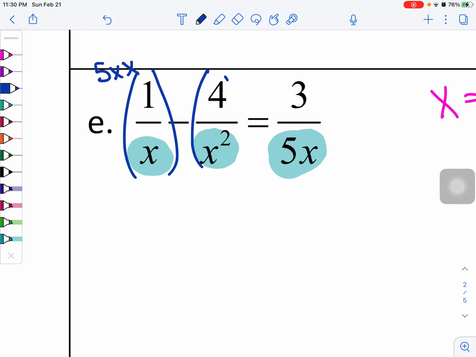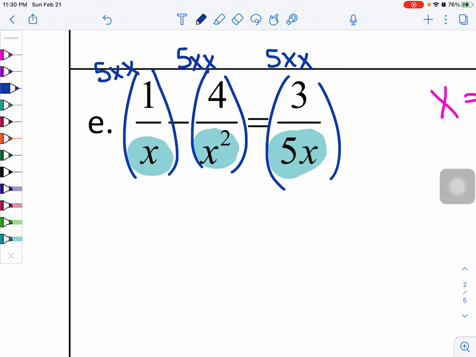So let me go ahead and zoom on in there. So what did I have? 5xx, and then another 5 times x, and another 5 times x times x. All right, let's do a little bit of cancellation here. So this denominator of x will take out one of the x's, so just make one of them go away.